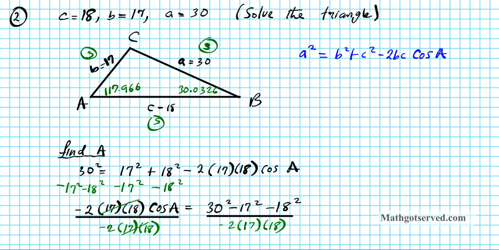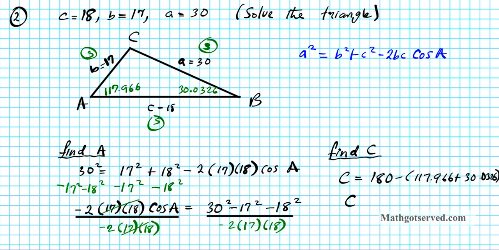Now to find angle C, we don't need to do much work. We can just use elementary geometry to figure out big C. Big C is going to be 180 minus the sum of the other two, 117.966 plus 30.0326.